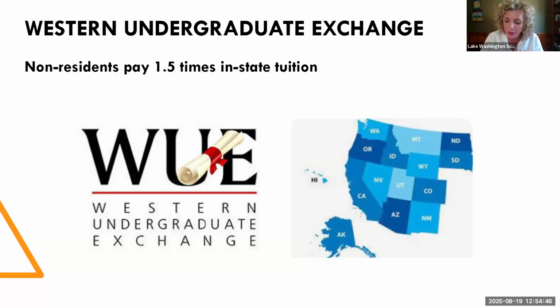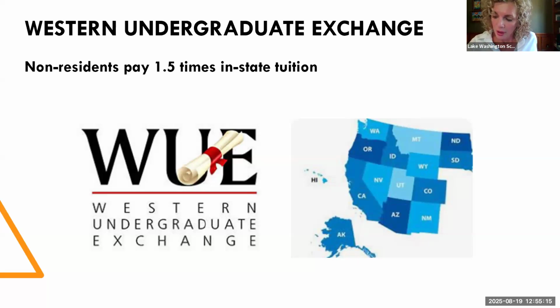And it depends on the school as far as how selective it is. There are some schools where students might have to have a very high GPA, close to a 4.0, others where it could be any student with a 3.0 or higher is awarded. If you are interested in WUE schools, you can just go to the website, type in WUE, and it'll bring you to the website.